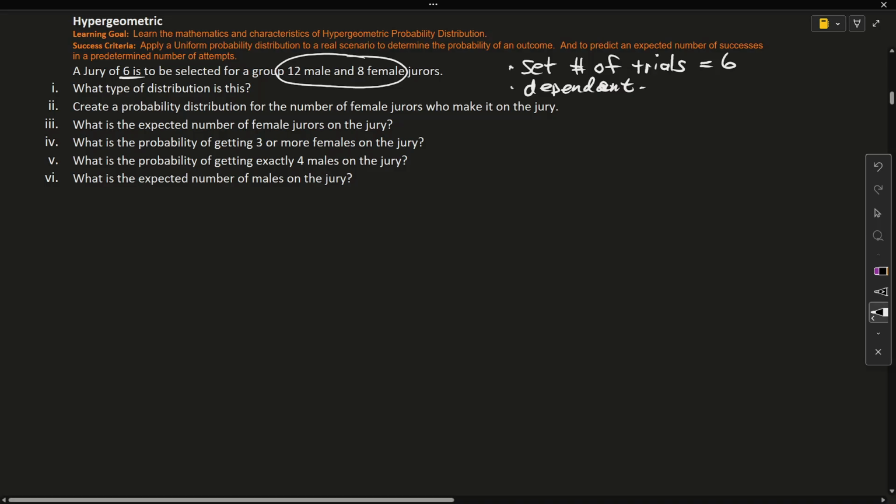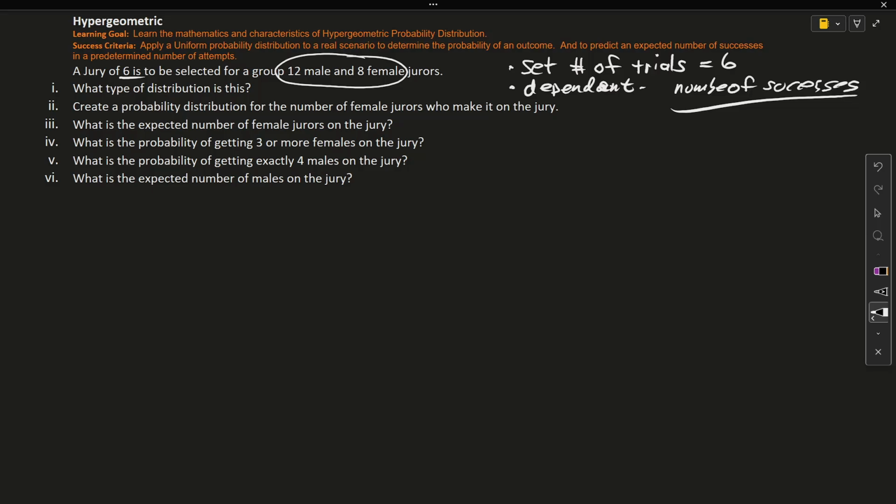And generally, what you're concerned about in a hypergeometric situation is the number of successes. That is the variable that you're being asked to analyze.